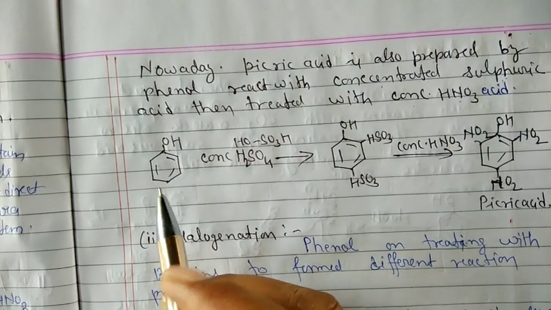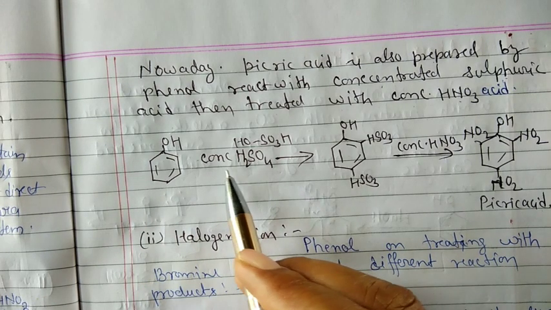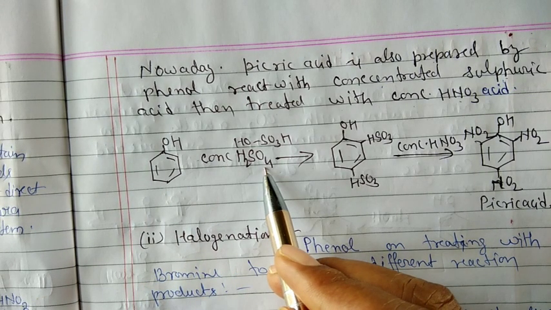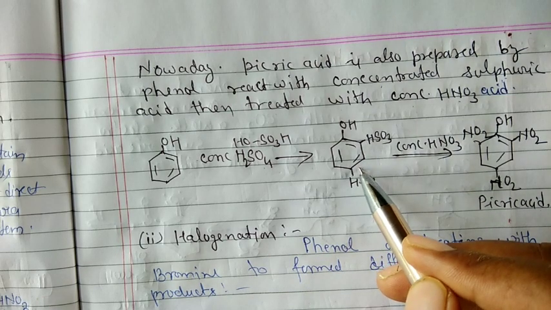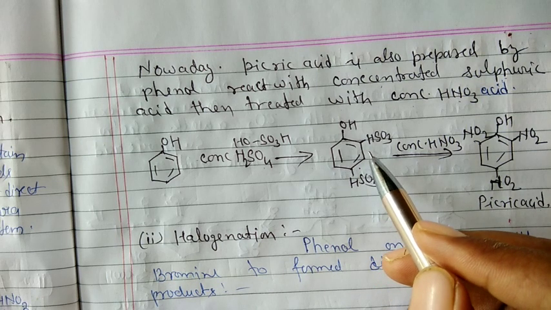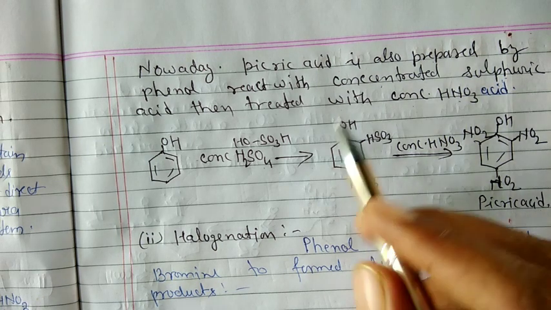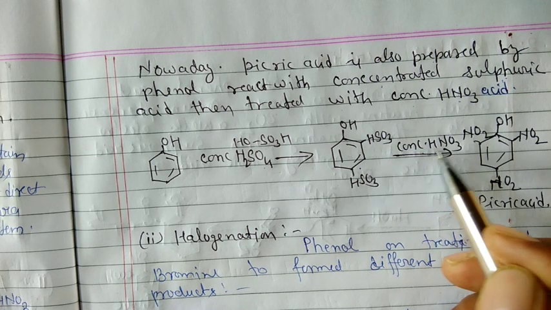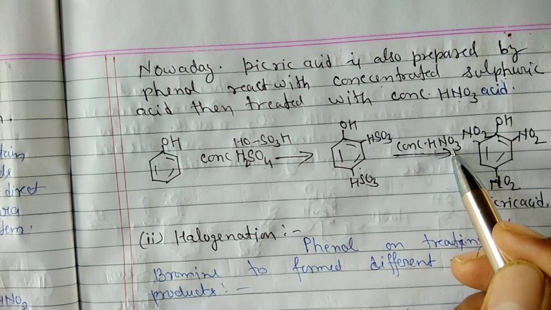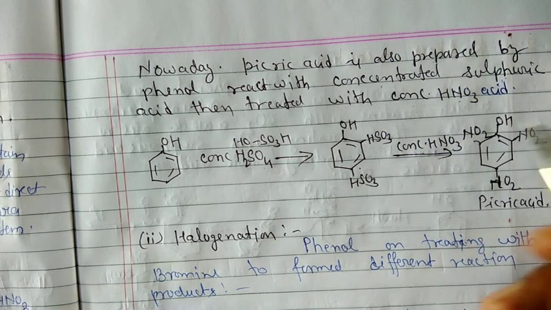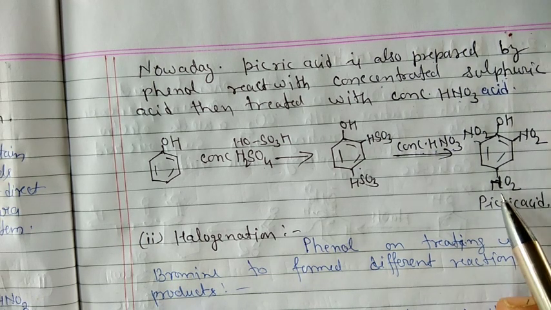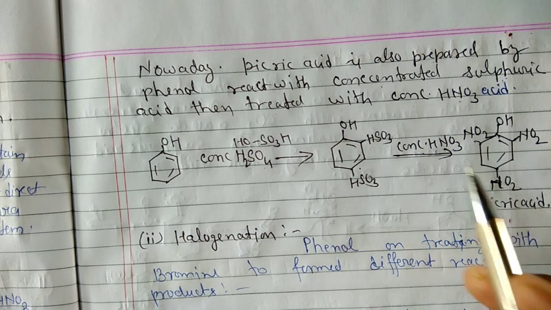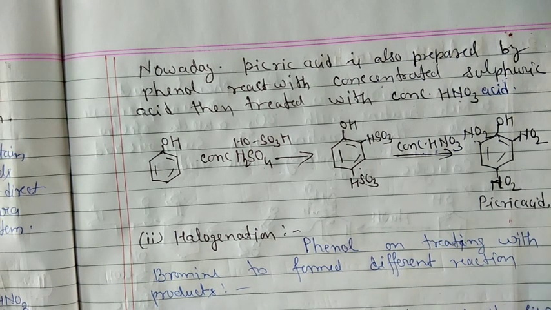So phenol is first treated with concentrated sulfuric acid to form 2,4-disulfonic phenol. This is further reacted with concentrated nitric acid, HNO3. The NO2 group is introduced at both ortho positions and the one para position. Okay, this is another method to form picric acid.